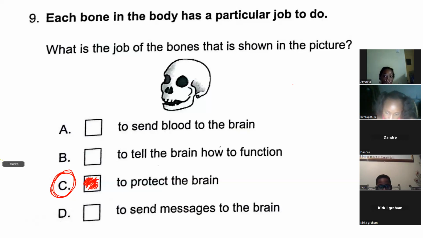What's the scientific name for the skull? Anyone can remember? I told you what the scientific name was. Anyone know the scientific name?